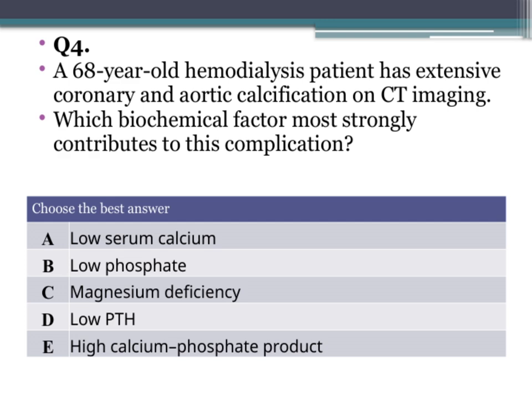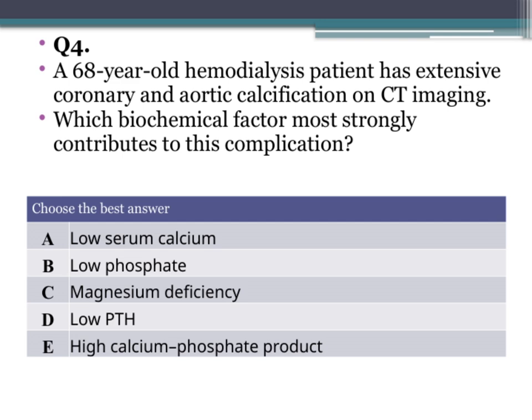Looking at option A, low serum calcium, this is less likely because low calcium doesn't typically promote calcification. In fact, it might have the opposite effect. Option B, low phosphate, again, lower phosphate levels are usually protective against calcification, not contributing to it. Option C, magnesium deficiency.